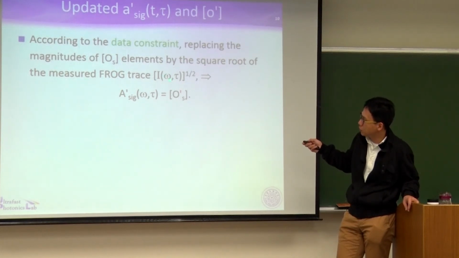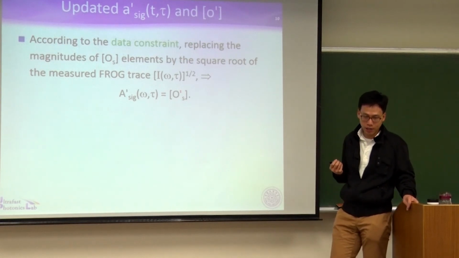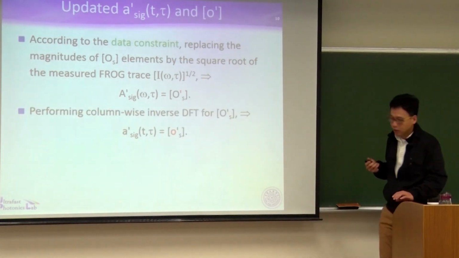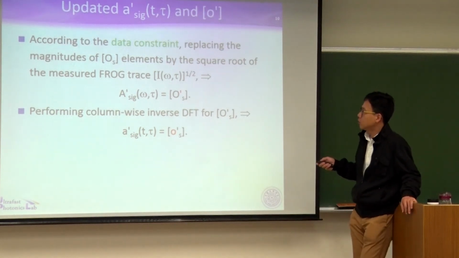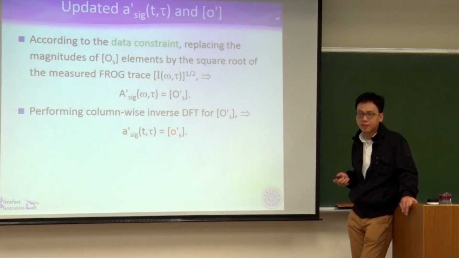For each element, you just perform the replacement according to your FROG trace data. Then you can perform column-wise inverse discrete Fourier transform for this matrix, so you go back to the time domain.